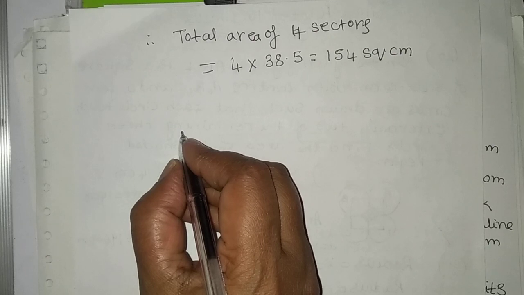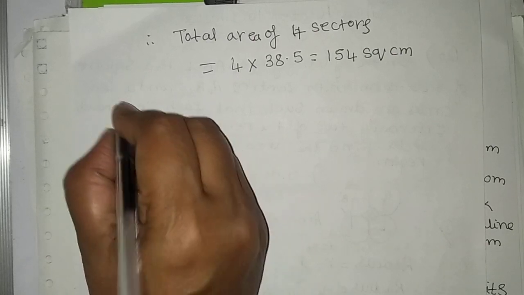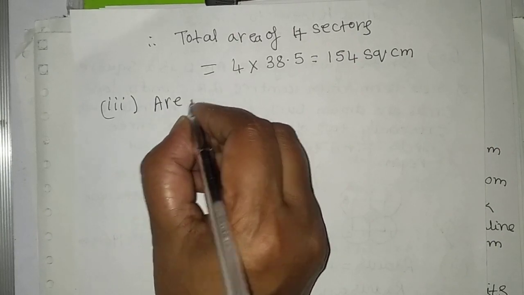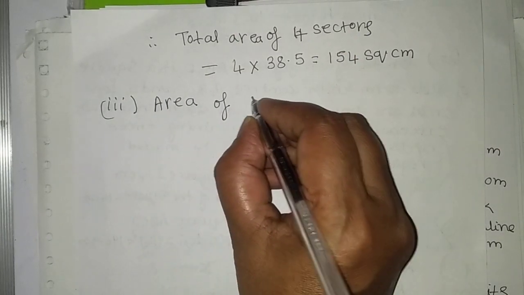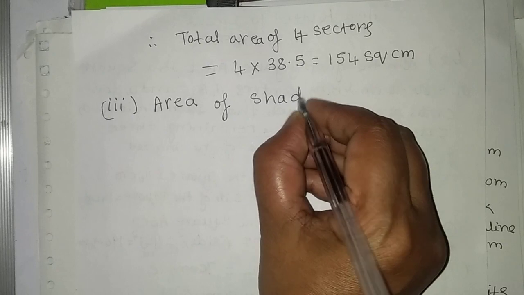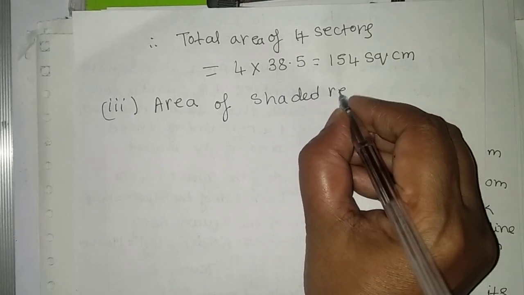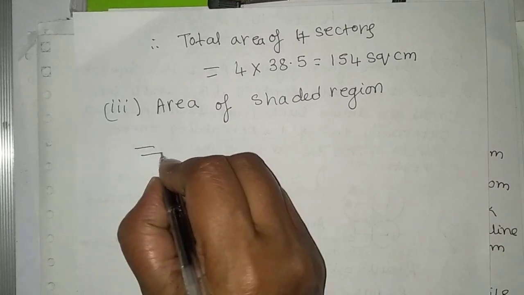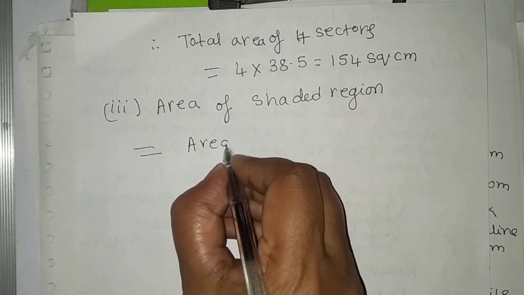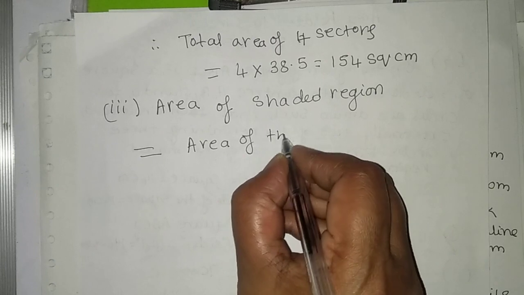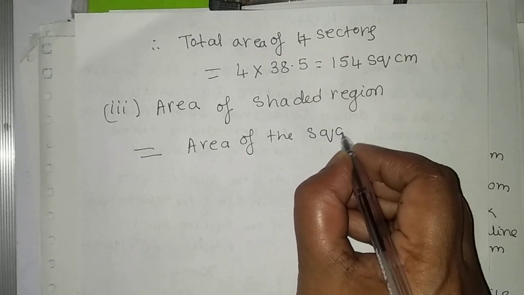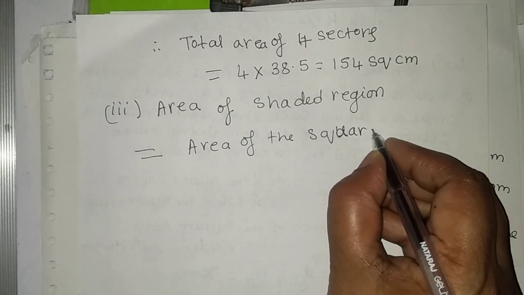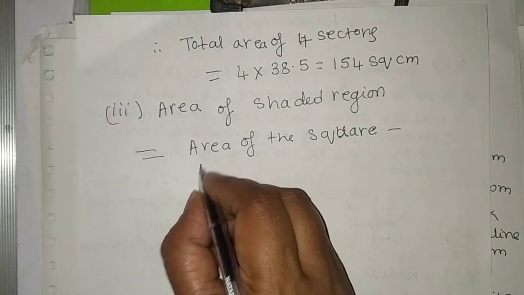Next is the last part, the area of the shaded region. The region in the center we have to find out. For this the formula is area of the square minus area of the sectors.